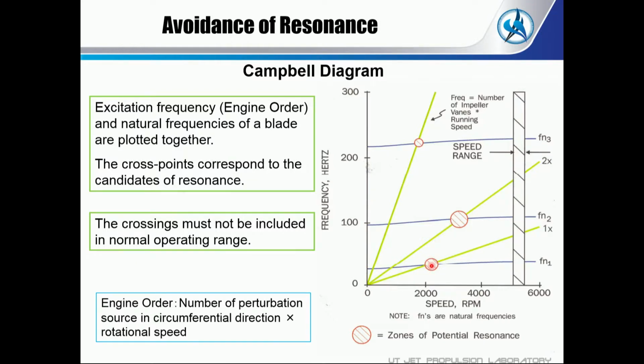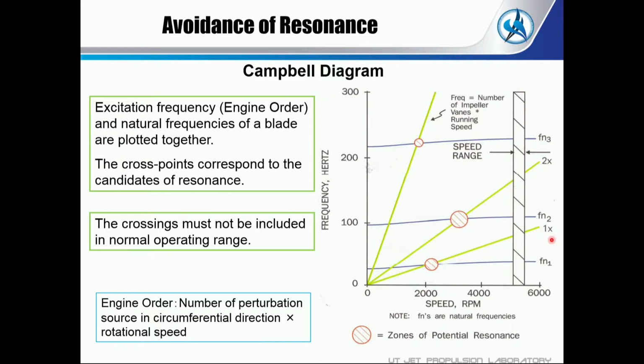Cross points correspond to the candidates of the resonance. At the resonance condition, the blade vibration occurs very hard. The crossing must not be included in the normal operating range. So if we have a normal operating range here and there is no crossing point, it's okay. But if we have one crossing point like this, we have to consider the design. There are two methods to avoid resonance.